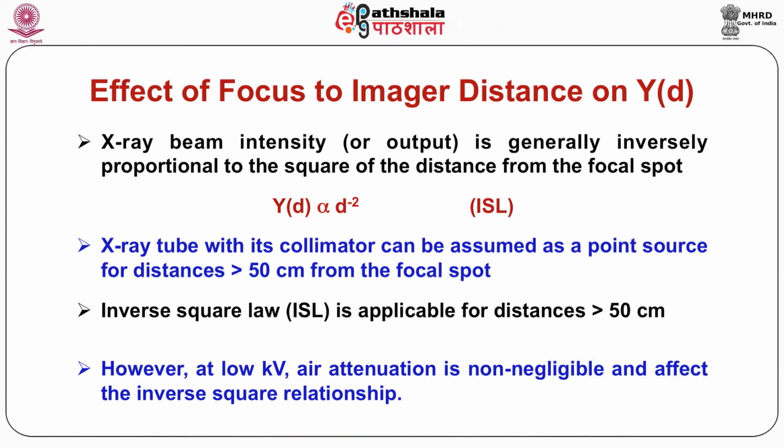The X-ray tube with its collimator can be assumed as a point source for distances greater than about 50 cm from the focal spot, and hence it obeys the inverse square law, that is ISL, for distances greater than 50 cm. However, at low kV, for example in mammography, air attenuation is non-negligible and affects the inverse square relationship.